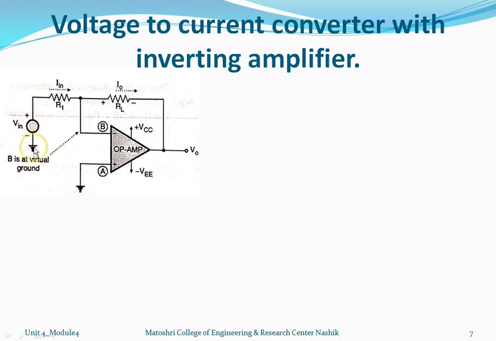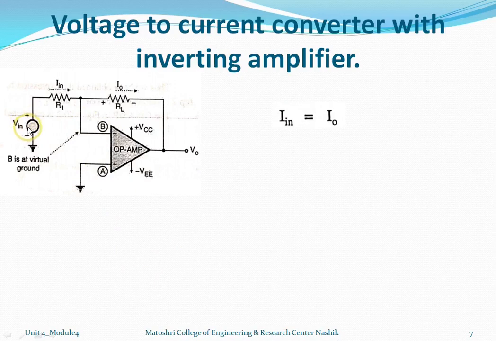It is clearly seen that B is a virtual ground because the non-inverting terminal is directly grounded. So B is virtually grounded, and the potential at this node is exactly 0, because the voltage at point A is 0, so the voltage at point B is also 0.